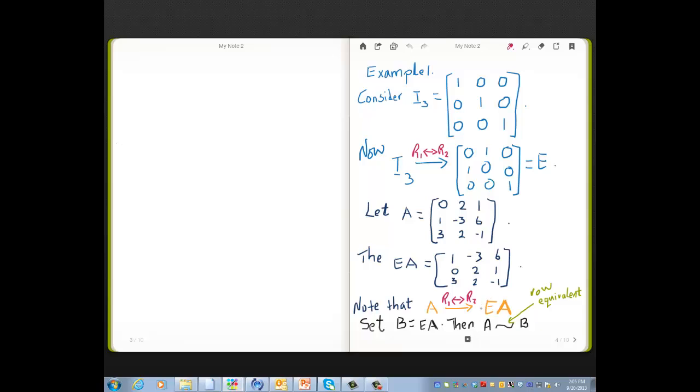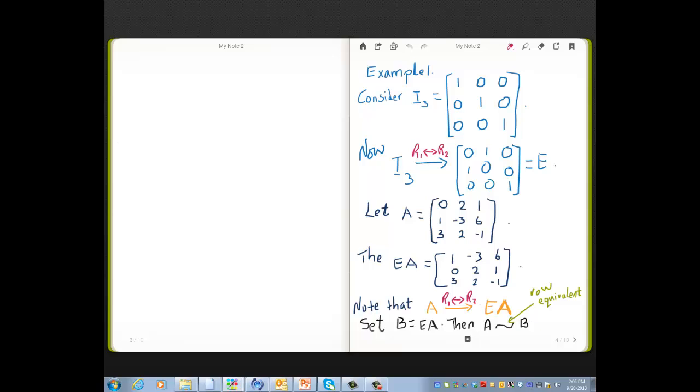Now, one other thing I just want you to see, which we will revisit later. Suppose I set E times A to be a new matrix B. Then we observe that I did move from A to B through some elementary operations.